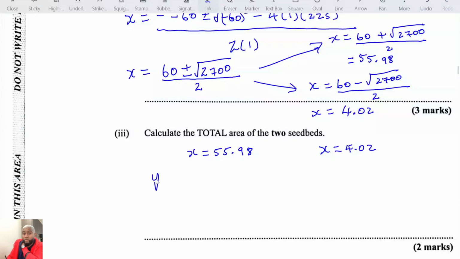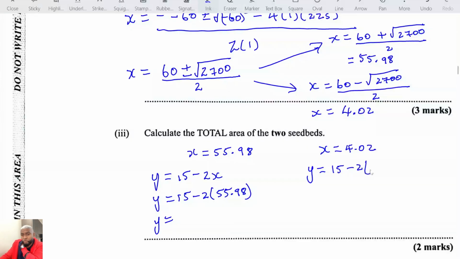If I look at the value of y, which is to the square, y is equal to 15 minus 2 by x. So when I use this value here, y is equal to 15 minus 2 by 55.98. And then I'll use y on the side also. y is equal to 15 minus 2 by 4.02.